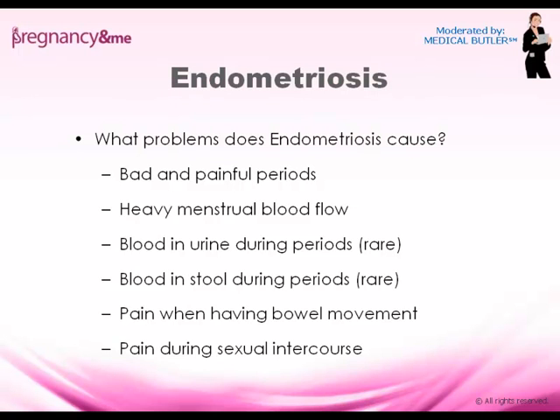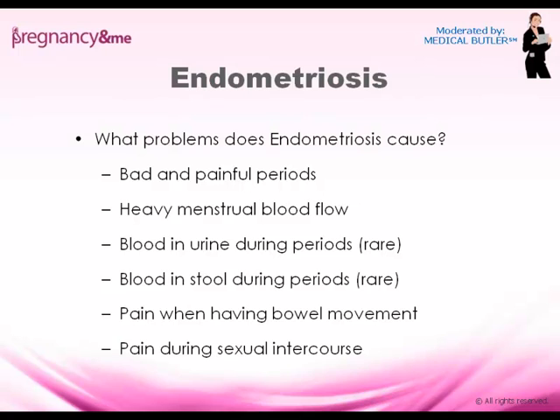So what problems does endometriosis cause? As I have alluded to before, it could cause bad and painful periods, and heavy menstrual blood flow. You can sometimes get blood in your urine during the period.